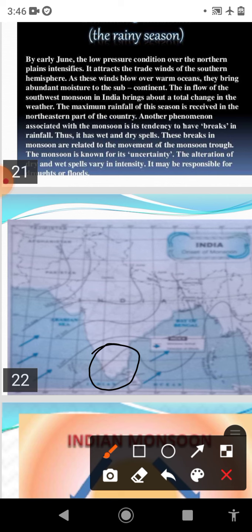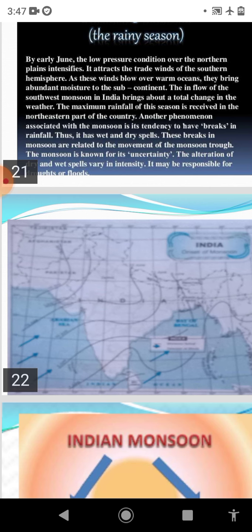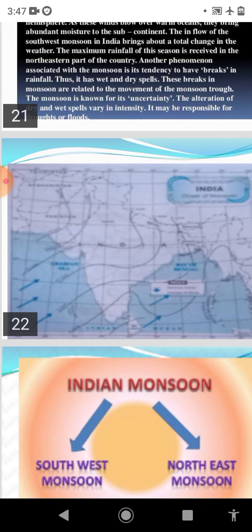The first one is the Arabian Sea Branch, and the second is the Bay of Bengal Branch. These are the two branches of the southwest monsoon due to the peninsular shape of our country. First, we will discuss the Arabian Sea Branch.